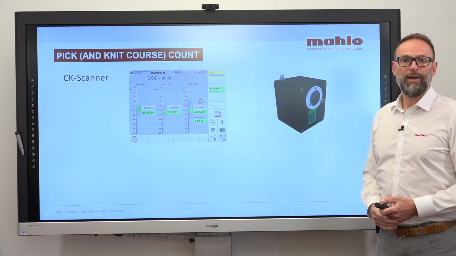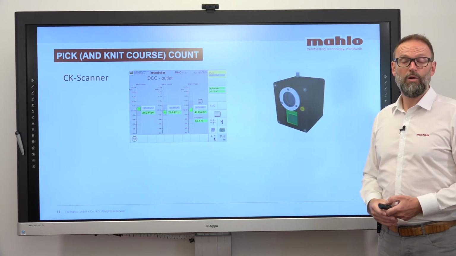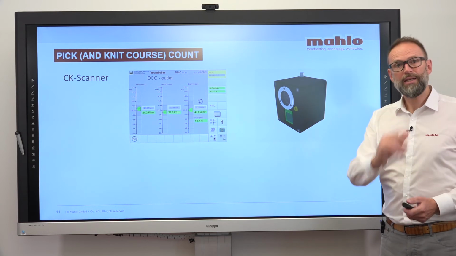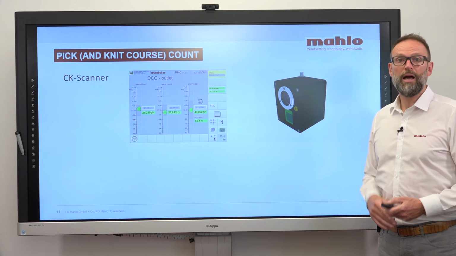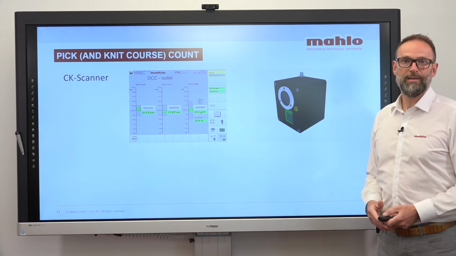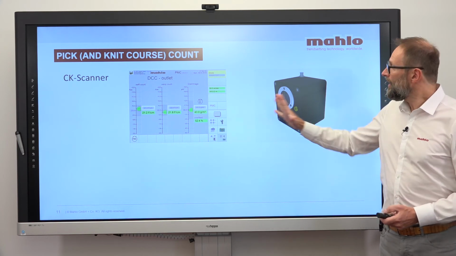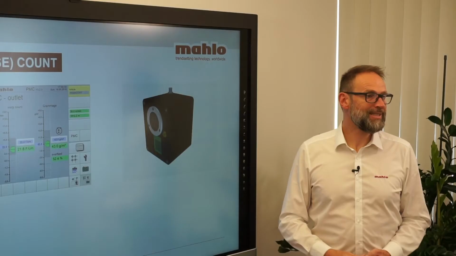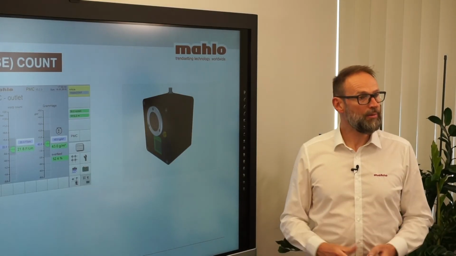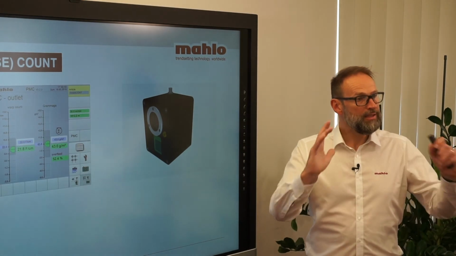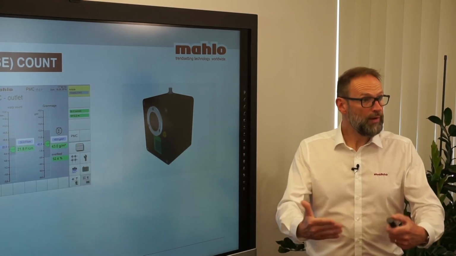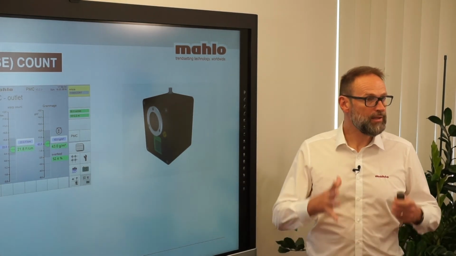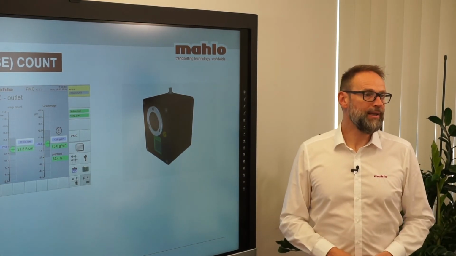If we now have the need for a weight indication, and unlike the woven fabrics, knitted goods are always sold by weight, so it is quite important, then we use a camera-based scanner at the exit. This camera-based scanner is giving us an indication not only about the courses but also about the wales, and therefore calculates the weight every time automatically.